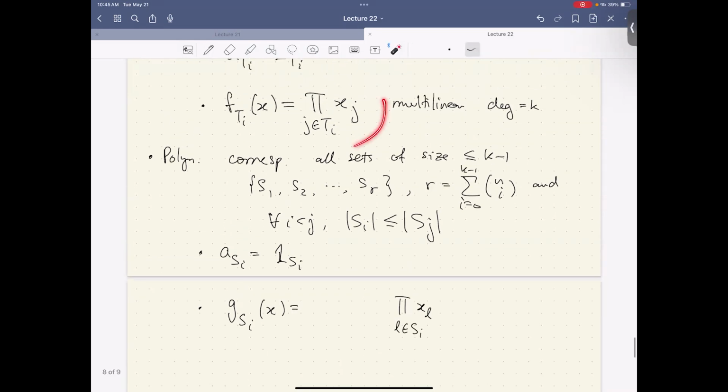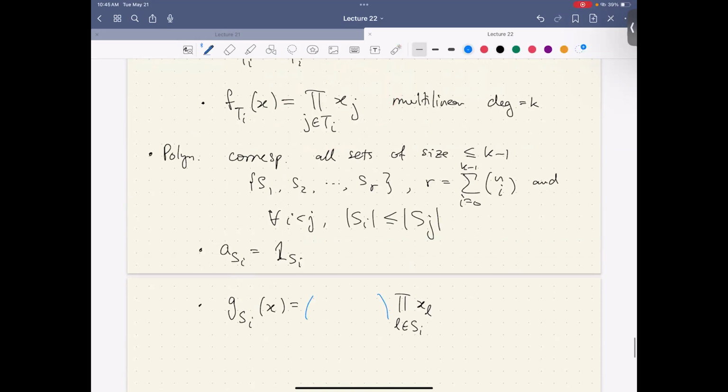That's the same as this one. But here, we're going to multiply an additional factor, which is x inner product with 1 minus (k minus 1).